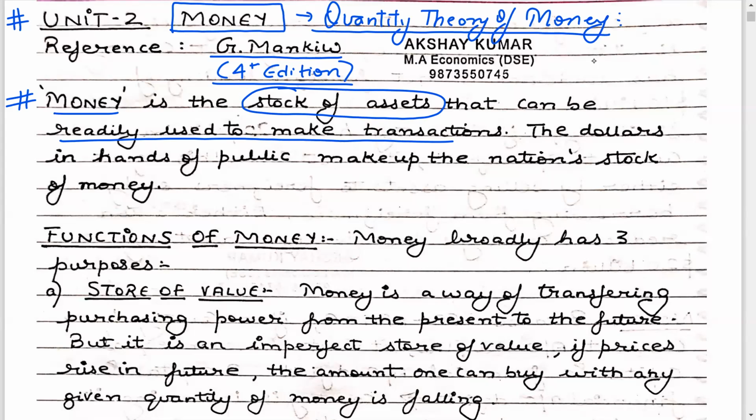In my lectures, I take US as the domestic economy, and all of us know that the currency of US are the dollar bills. So the dollars in the hands of the public make up the nation's stock of money. Okay, so this was the basic definition of money. Although you will see that in the coming lectures, the definitions become more broad.